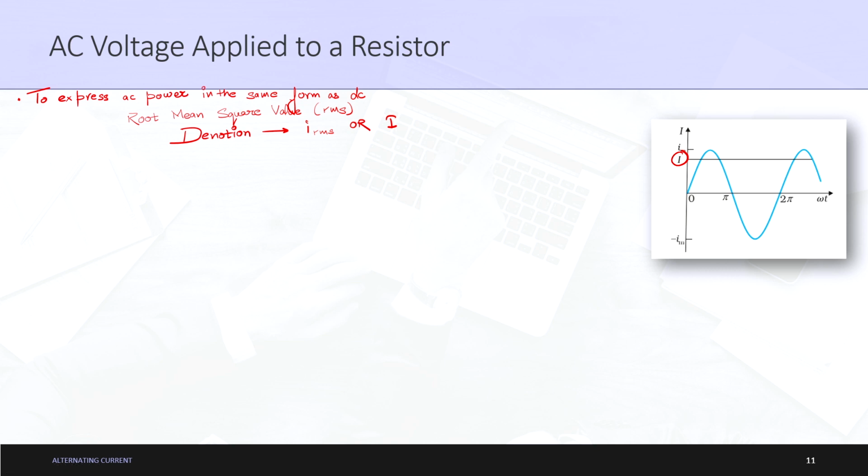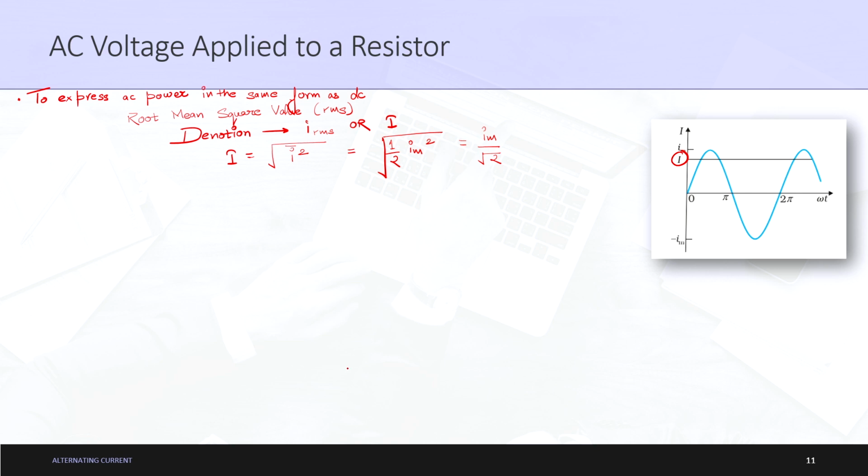Capital I, as the name suggests, root mean square. So we take a root, and we square the value inside. So this is nothing but equal to root of half Im square, which is nothing but equal to Im by root 2.